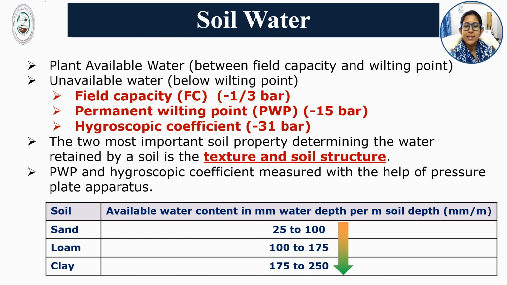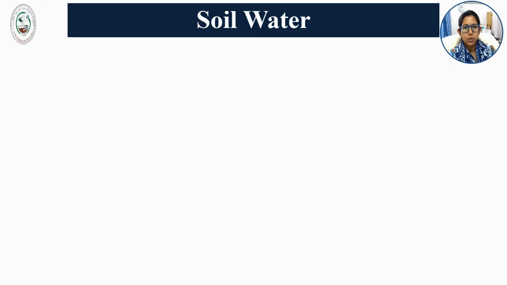But the force with which the soil holds the water is also dependent on the texture and the structure. The more clay content, the more affinity with which the soil holds the water compared to sandy soil.